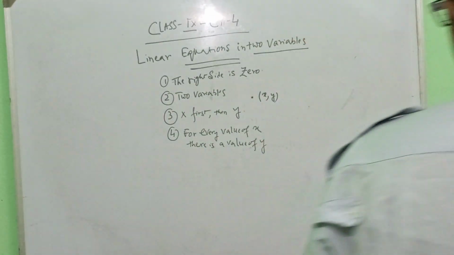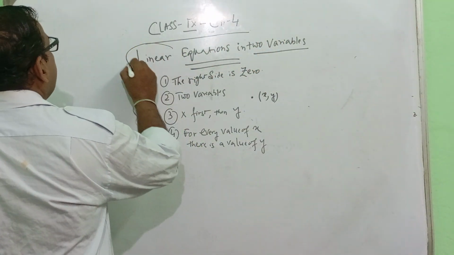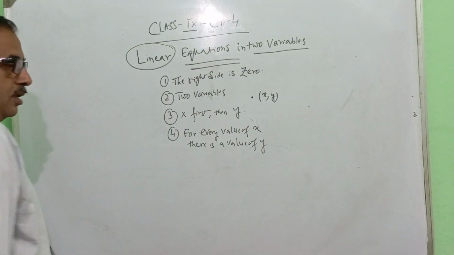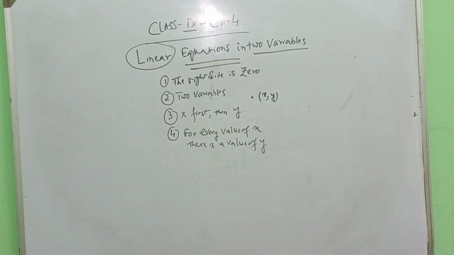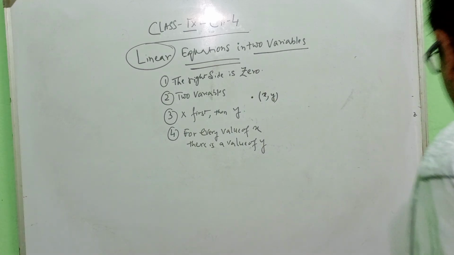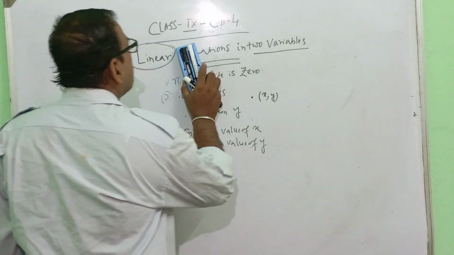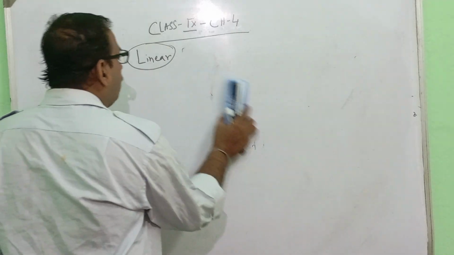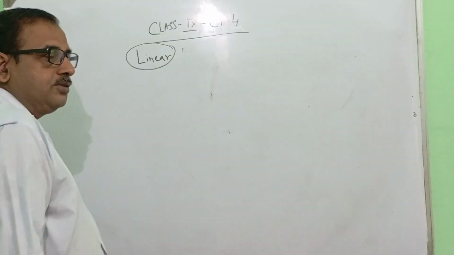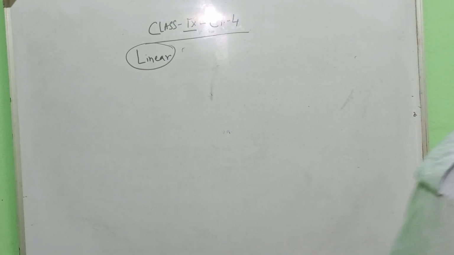And third thing, over there they have written the word linear. Now when we study polynomials, we know what is linear. Linear means the degree of a polynomial is 1.